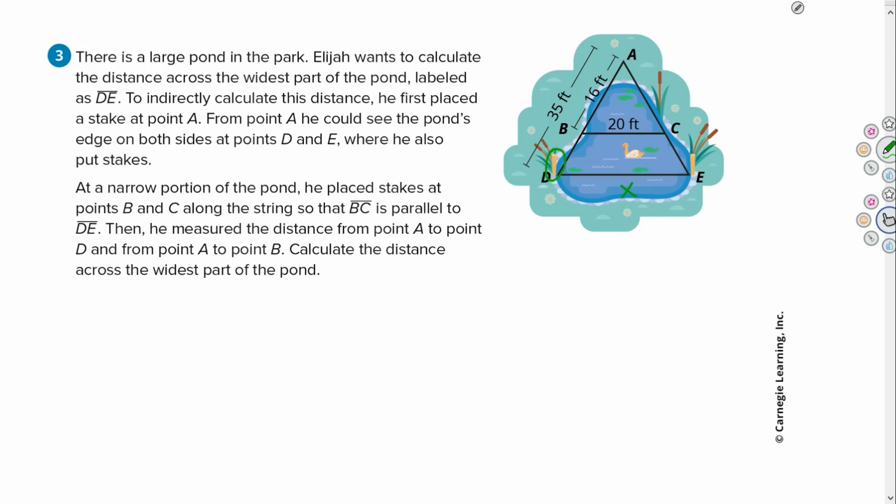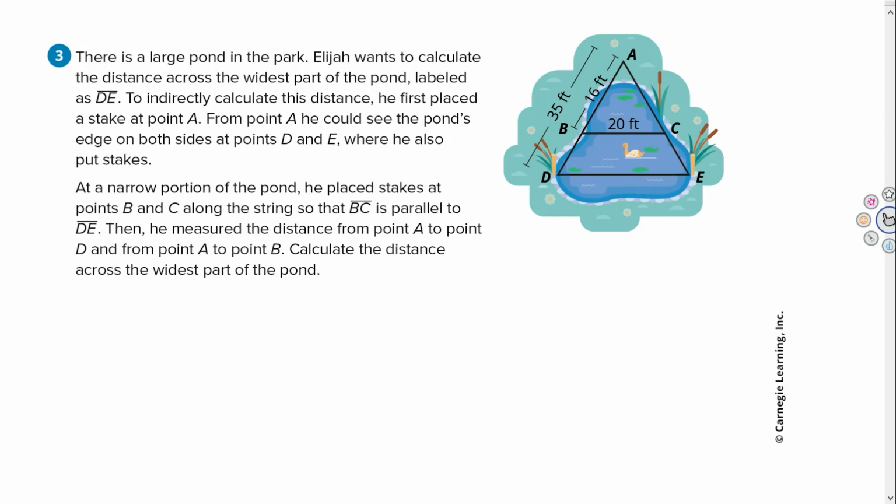At a narrow point of the pond, he placed stakes at points B and C along the string so that BC is parallel to DE. Then he measured the distance from point A to point D and from point A to B. So we have this diagram and the lengths that are drawn there. Calculate the distance across the widest part of the pond.